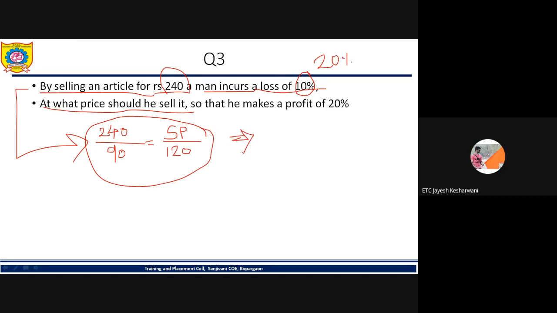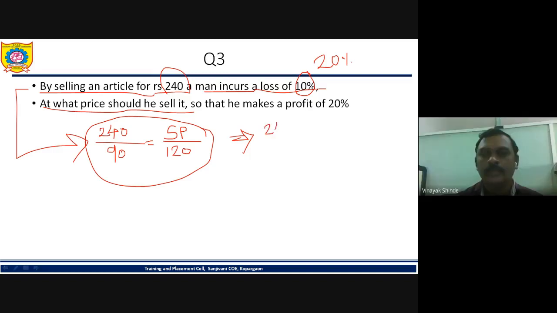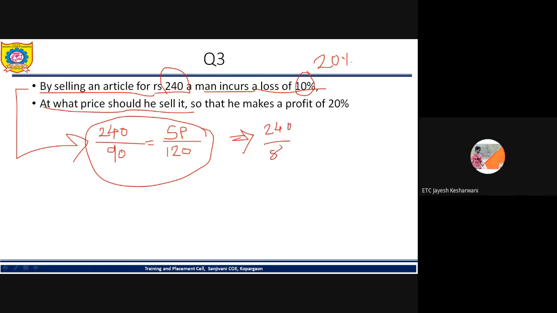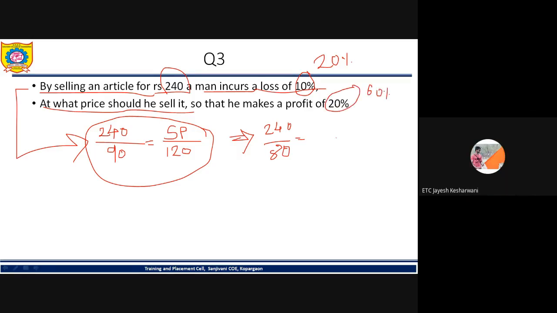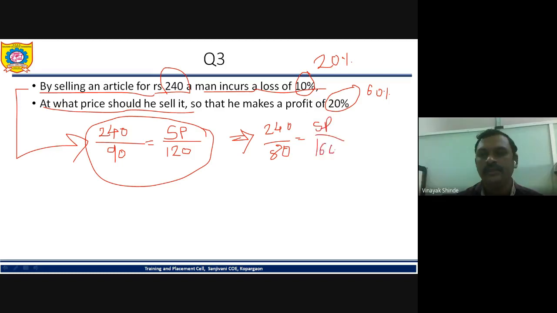Tell me. 240 upon 80. Fine. And if we need profit of 60%, 160. Then selling price upon 160. Very good, very good. Okay, so in this way, you can solve the questions based on the profit and loss, and always use some tricks. So let's go to the next question.